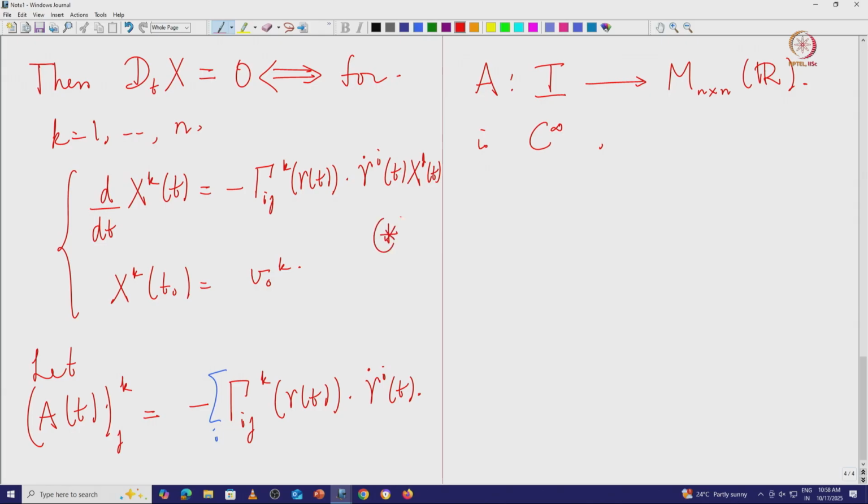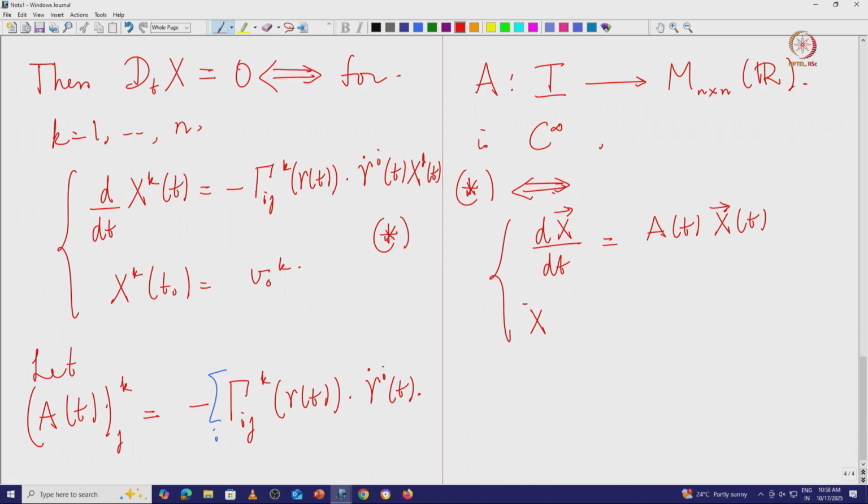Moreover, this ODE, this equation of parallel translation, is now equivalent to the following system: dx/dt is simply A of t times x of t, and x at 0 is this vector v naught. But then by our linear ODE existence result, there exists a solution for all t.